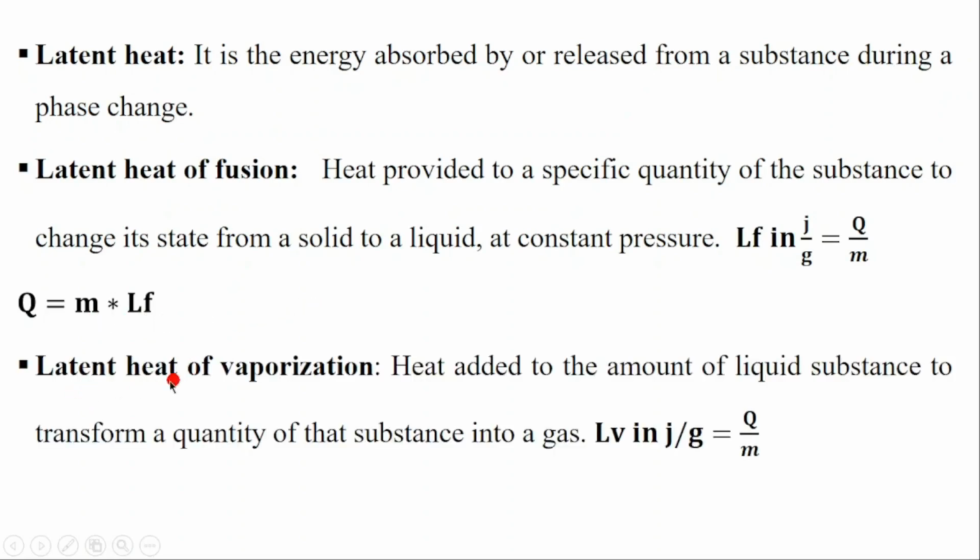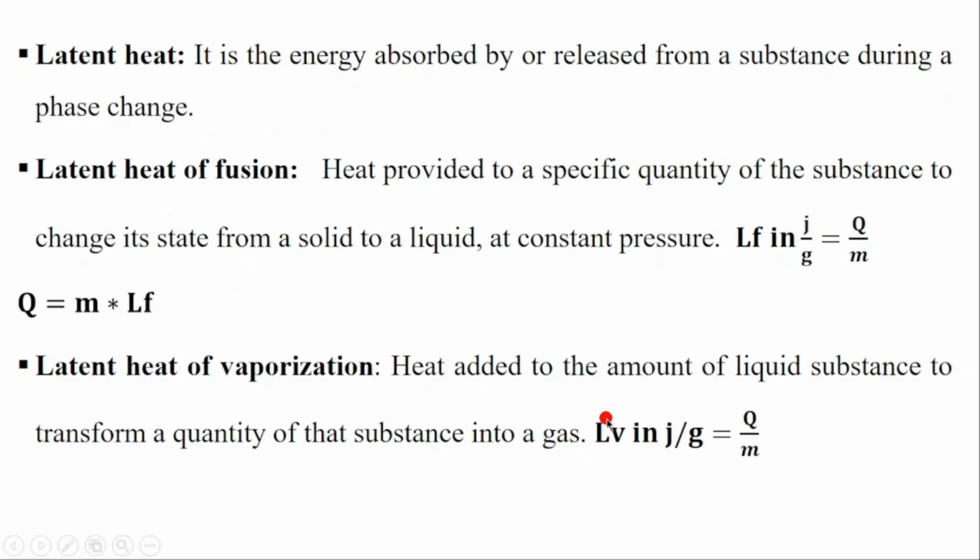We also have the latent heat of vaporization. That is the heat required to change a substance from liquid to vapor. So we have a liquid substance and we need to change it to a gas, for example water as a liquid, and we change its phase to vapor.